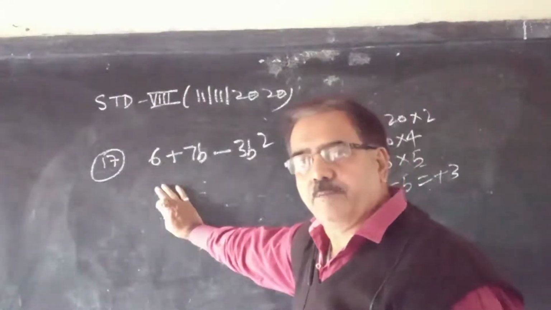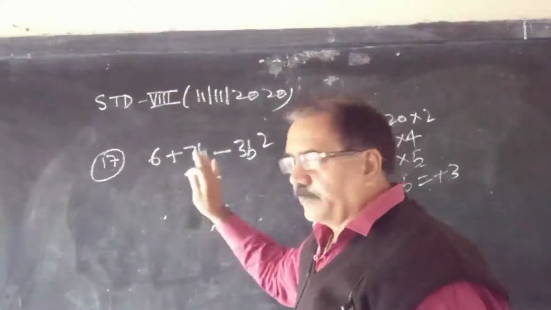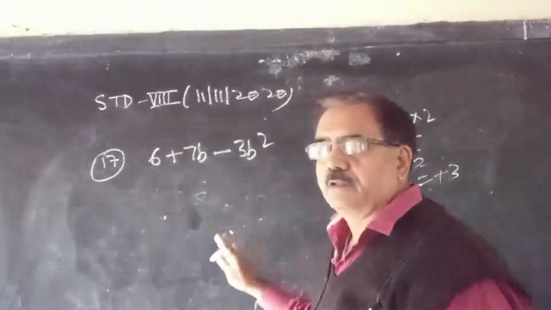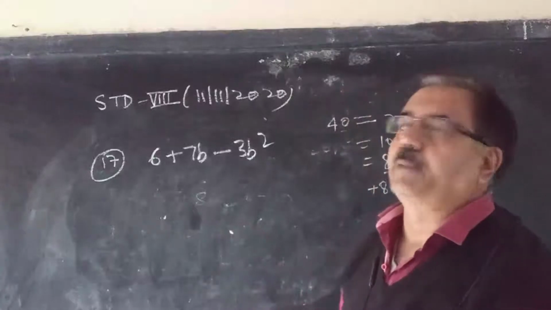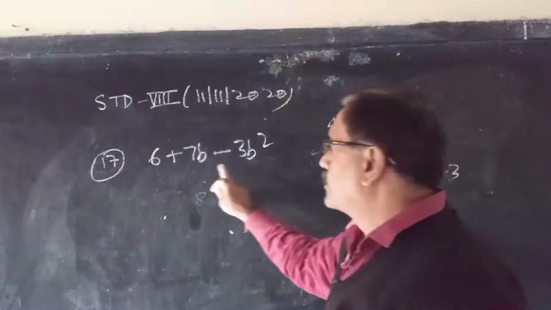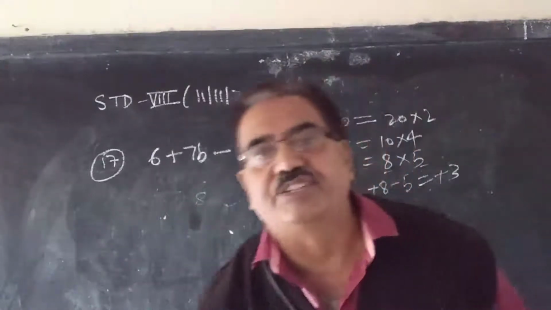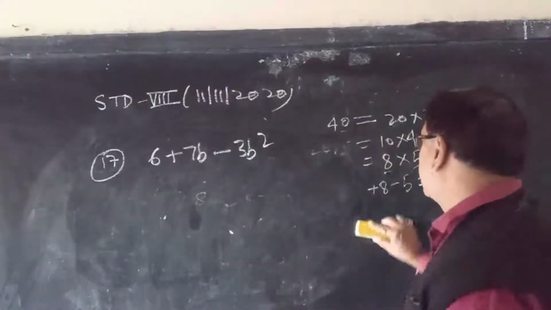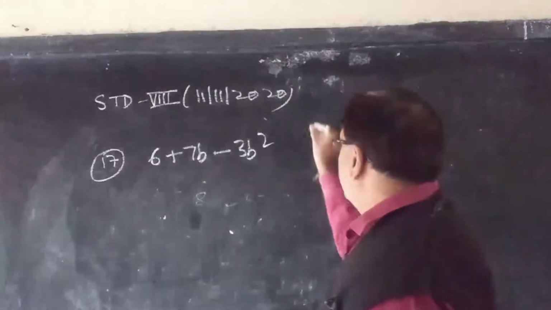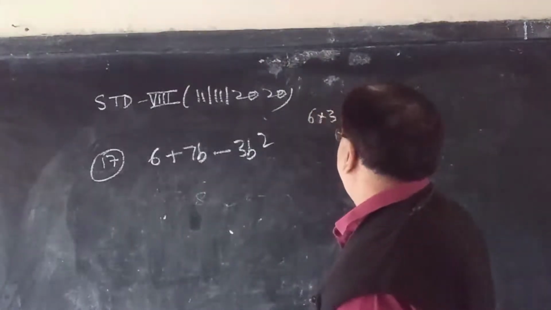We will follow the same rules, because we are splitting the middle term, not the first and last. So same method we will apply here. We will multiply the constant term and the coefficient of b squared. So 6 into 3 is 18.